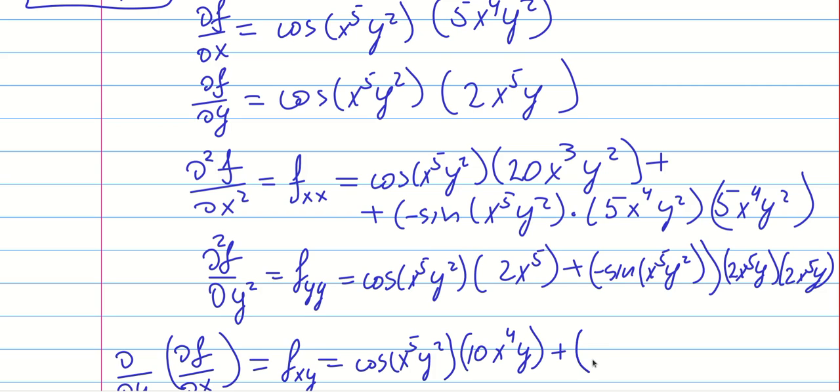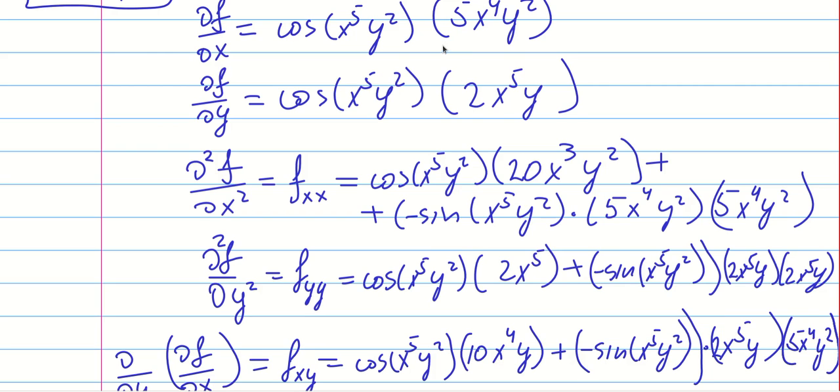Then we put plus the derivative of cosine, which is negative sine of x to the 5 y squared, times the derivative of the expression inside with respect to y, so it's going to be 2x to the 5 y, and we have 5x to the 4 y squared from here.